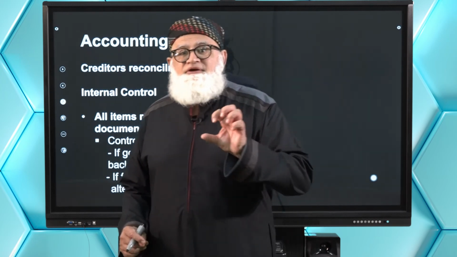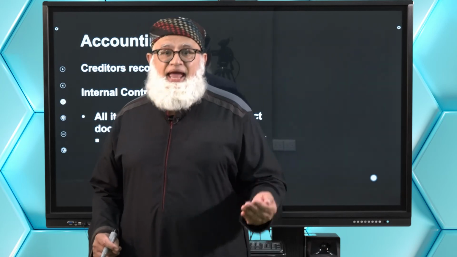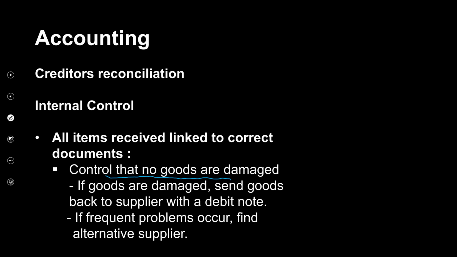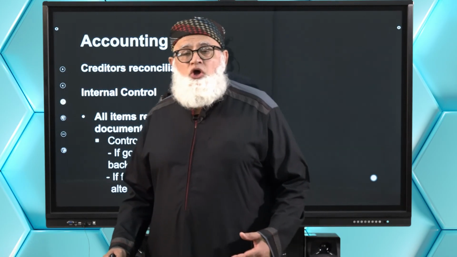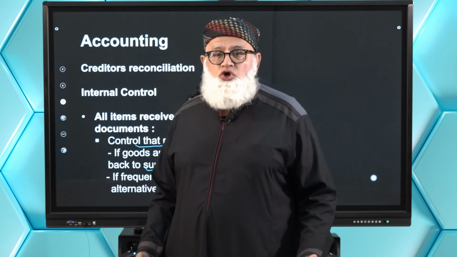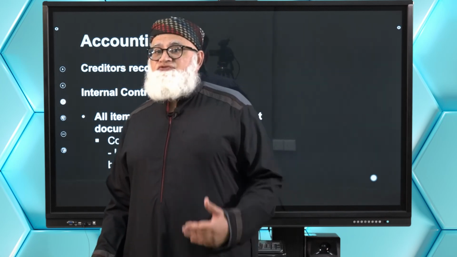The goods that are being received, are they the actual goods that we've ordered? And like we said earlier, if these goods are damaged, then these must be returned to the supplier with a debit note. And also, if it is happening frequently that we are receiving damaged goods or goods not to specifications, then what do we have to do?